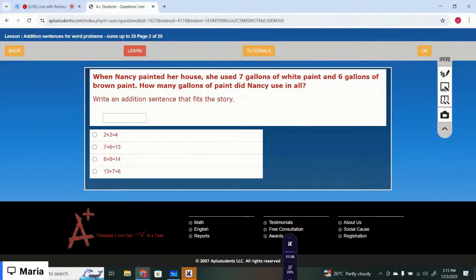When Nancy painted her house, she used 7 gallons of white paint and 6 gallons of brown paint. How many gallons of paint did Nancy use in all?